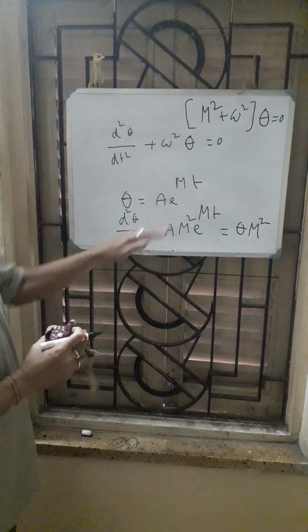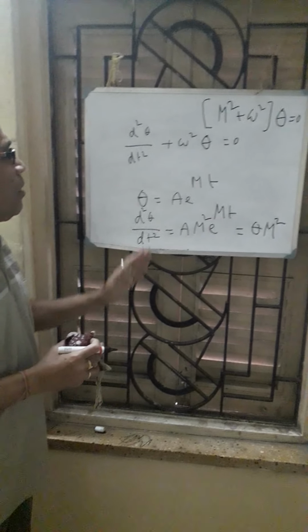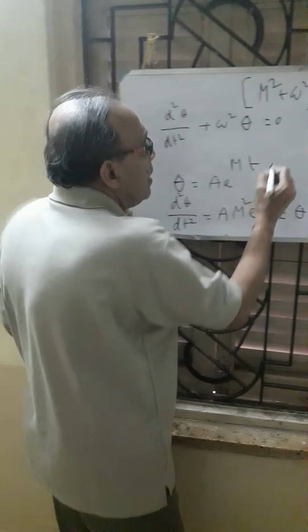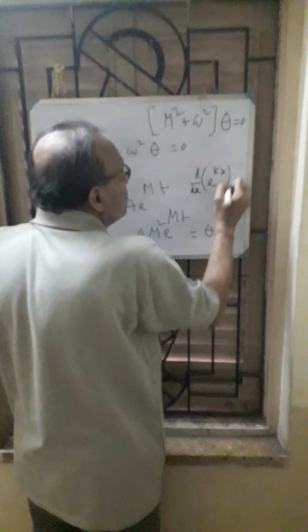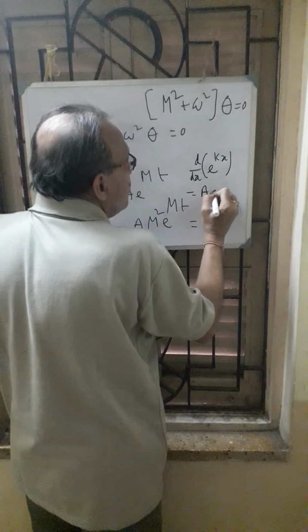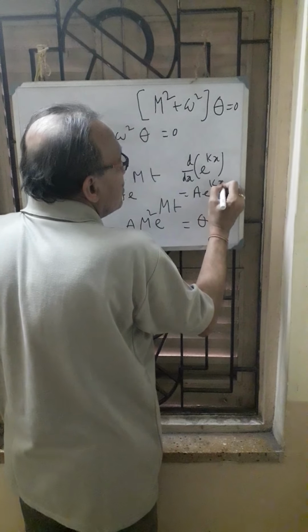This you also know. You write down, that is why it is told, since on differentiation of an exponential function, the shape remains the same, only constants are added. Let us take very simple d dx of e to the power kx. That is k e to the power kx.